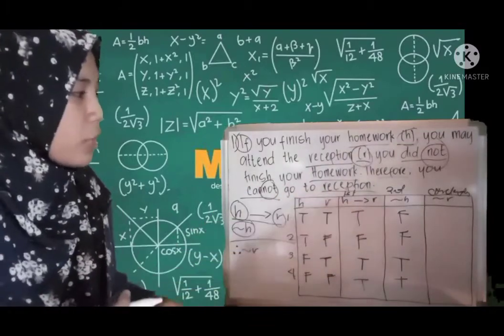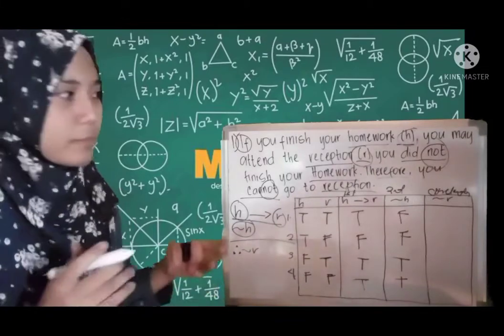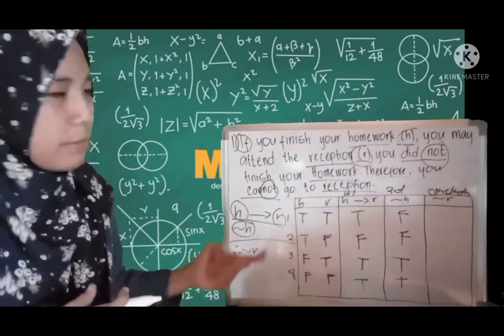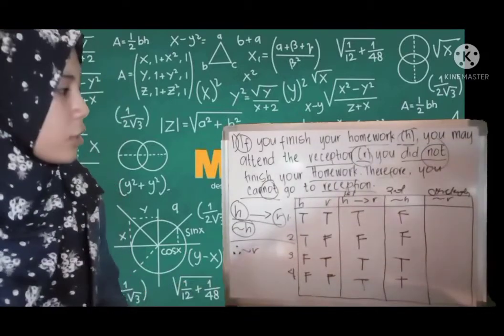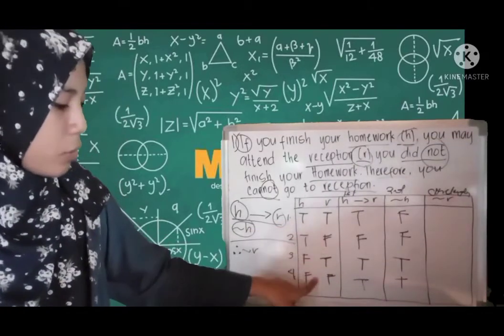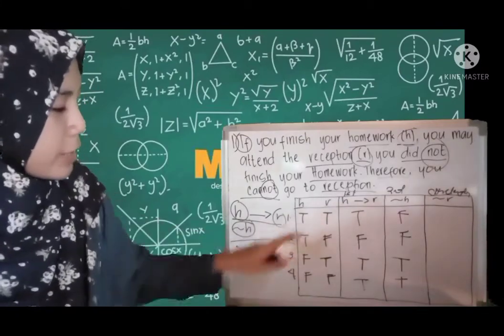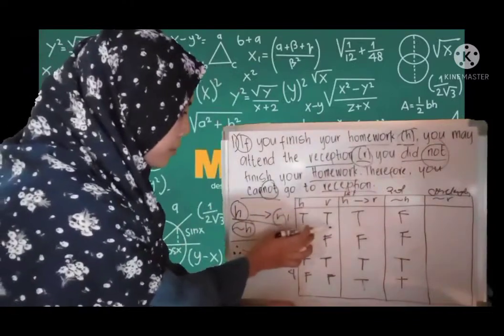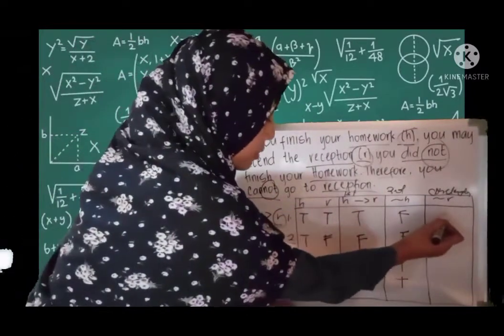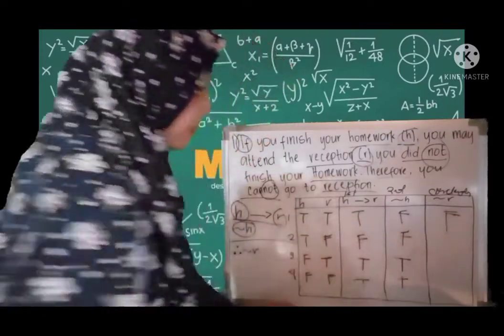So, sa conclusion naman is negation R. So, sa pagkuha naman yan, magbe-base naman tayo sa conclusion, kabaliktaran din ito ng R sa first hypothesis natin dito. So, if true to, magiging false din yan.